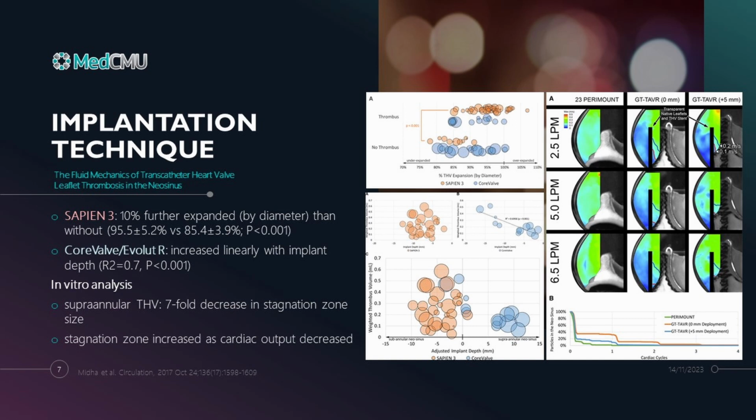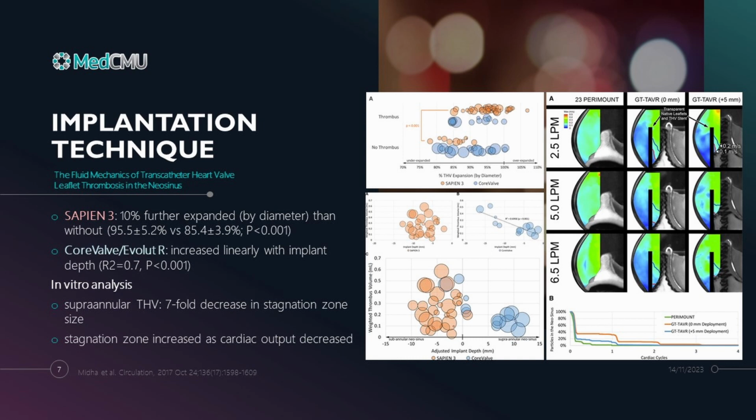From this paper that studied the fluid mechanics of the TAVR valve, there were factors influencing leaflet thrombosis. You can see that if you use the SAPIEN 3 and expand the valve 10% further, you can increase the risk of thrombosis.